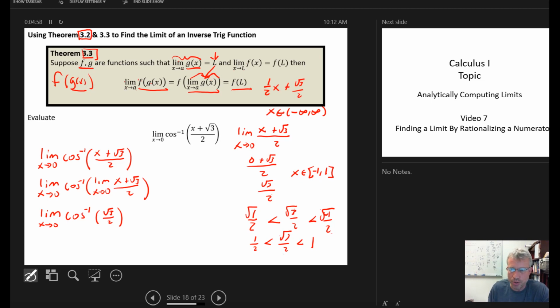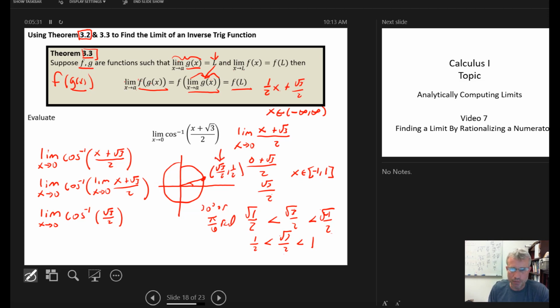And then we want to recognize that the square root of 3 over 2 corresponds to a special angle. If we have on the unit circle a 30-degree angle, or pi over 6 radians, then on the unit circle you have the ordered pair root 3 over 2 comma 1/2, and the cosine inverse is going to be the x-coordinate on the unit circle.